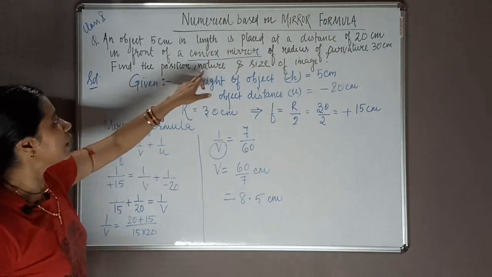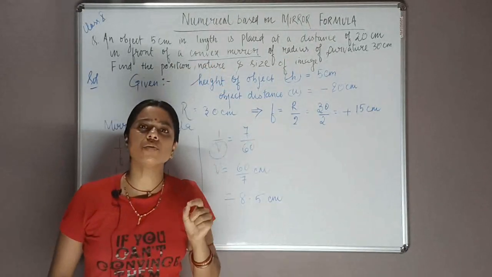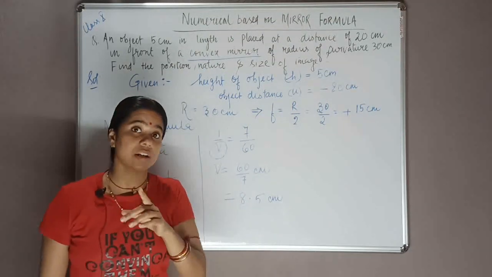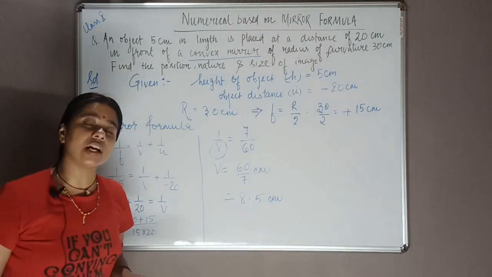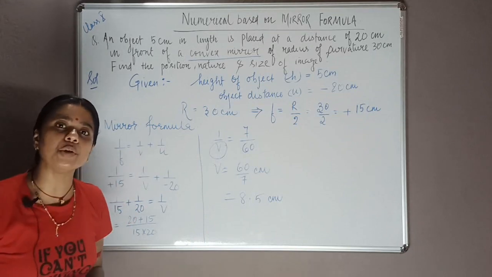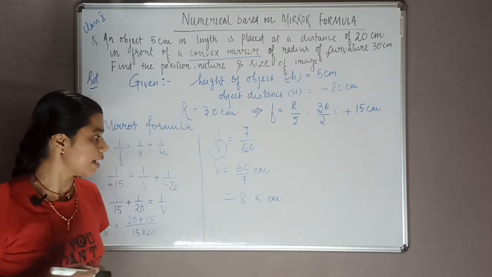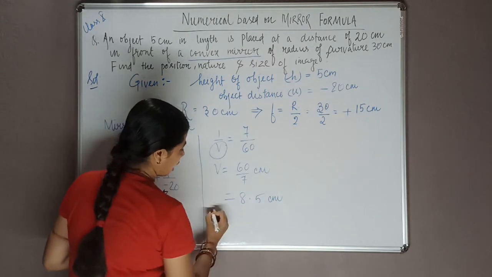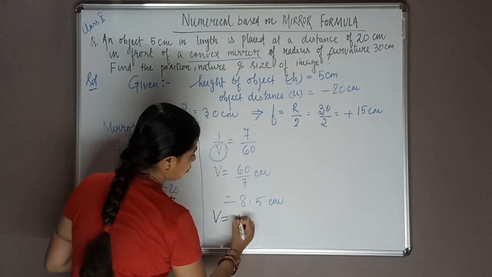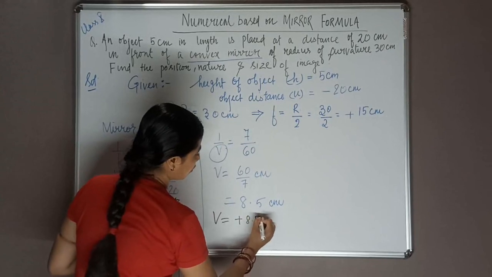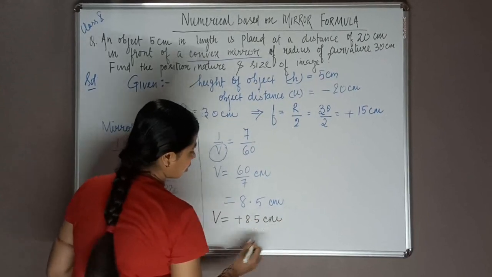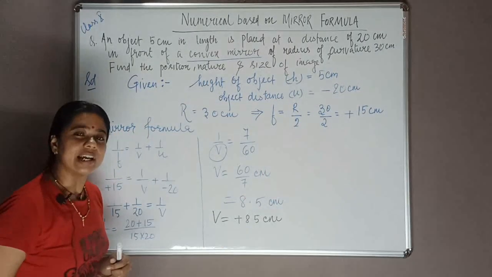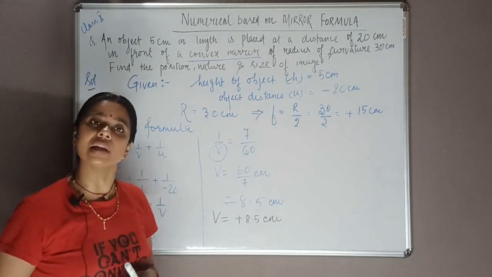Now you have to find the nature. Nature means you have to find whether it is a virtual or real image. As we have done in the conclusion, we check whether the value of V is negative or positive. You can see here the value of V is equal to plus 8.5 centimeter. And when the value of V is positive, it is a virtual image.